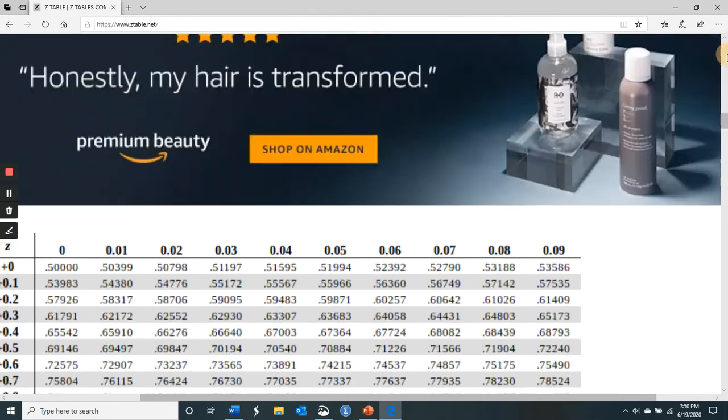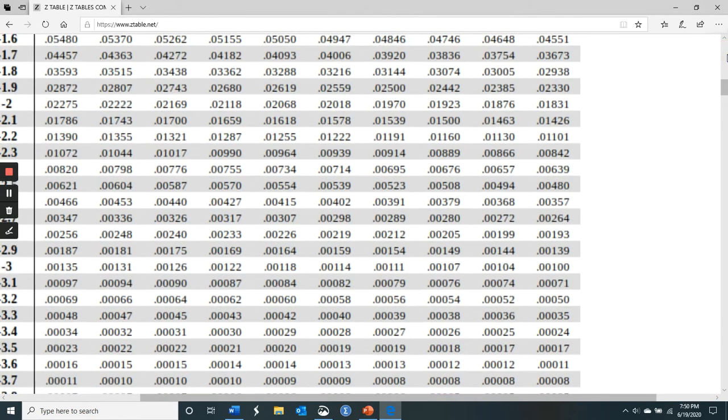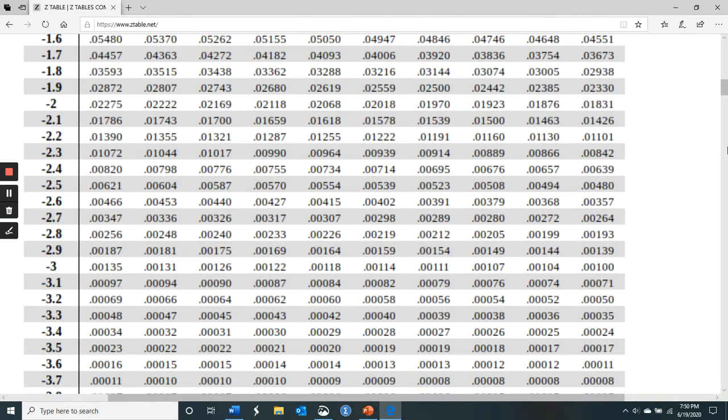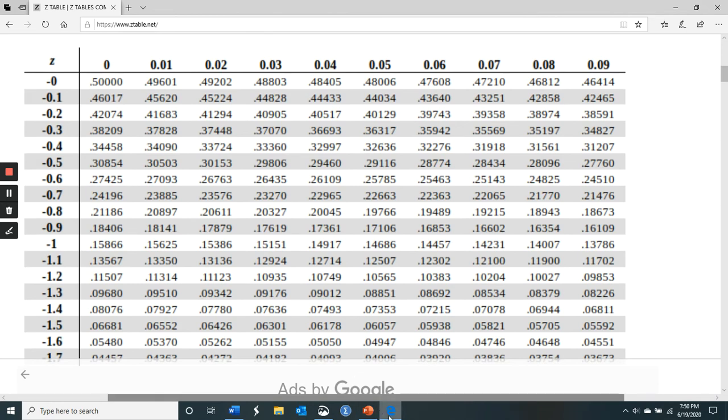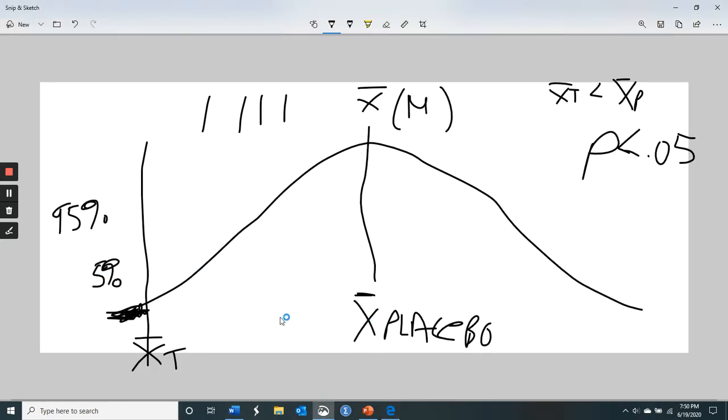So here's our table, and we're going to go to the negative z-score, and I think I'm a little bit off here. There we go. So we're going to go to the negative z-score. And in this case, we're just looking for this number. Why this number?